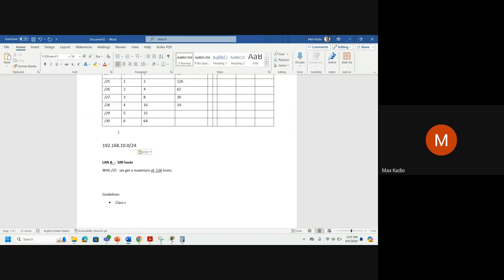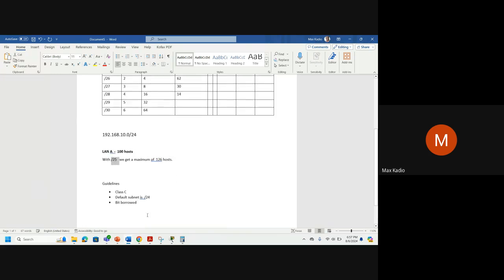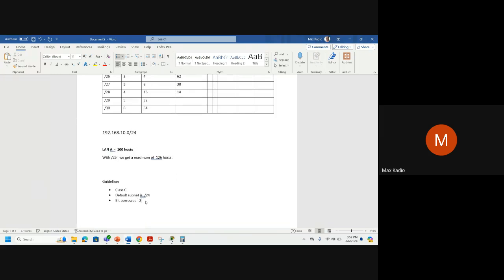The class C default subnet is /24. Then bits borrowed: you see here we have /25, so we do 25 minus 24, which is equal to 1 bit borrowed.